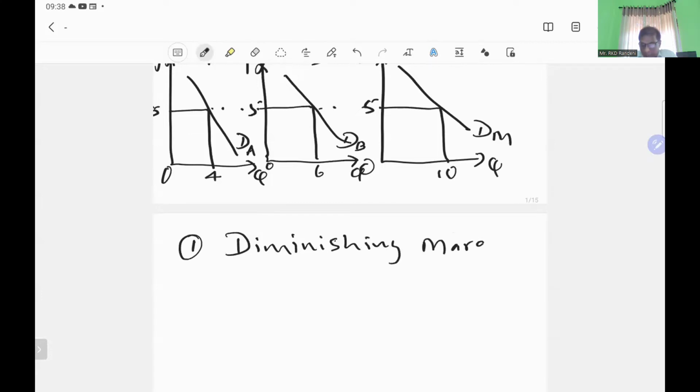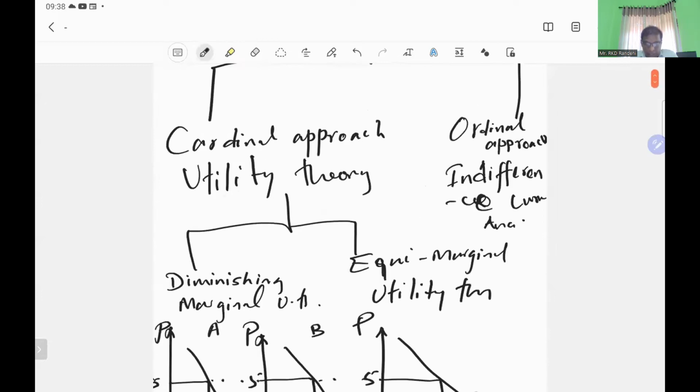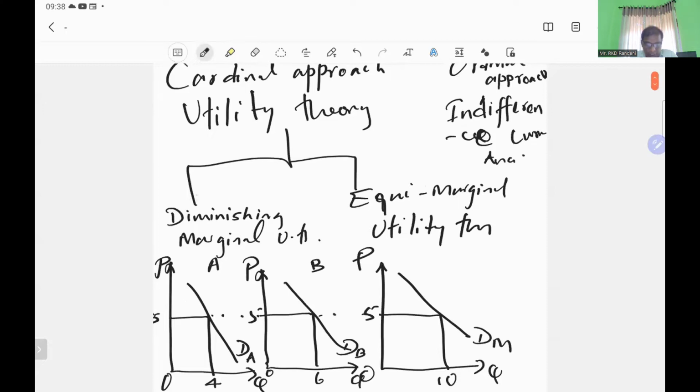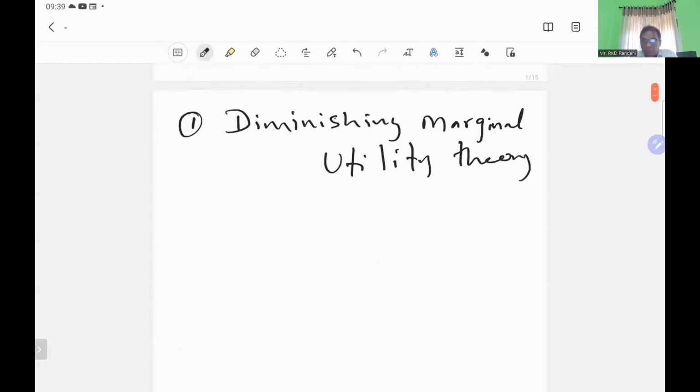Diminishing marginal utility theory. Now here, under the cardinal approach or utility theory, there are two theories: the diminishing marginal utility theory, and the other one is the equimarginal utility theory. Now first, we are going to discuss the diminishing marginal utility theory.